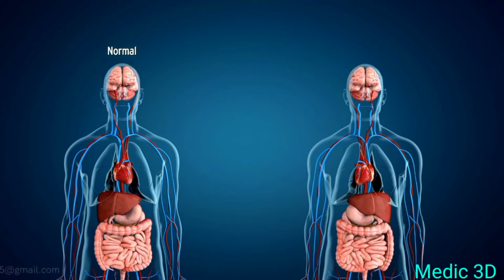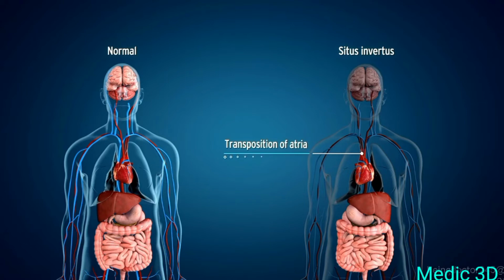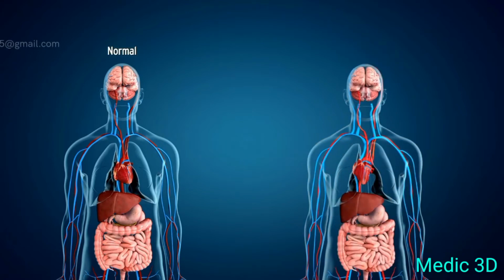It may or may not be associated with situs inversus, wherein other organs of the body are also interchanged or inverted. This involves major anomalies of the heart, such as transposition of atria in relation to the ventricles or malformations of large blood vessels.